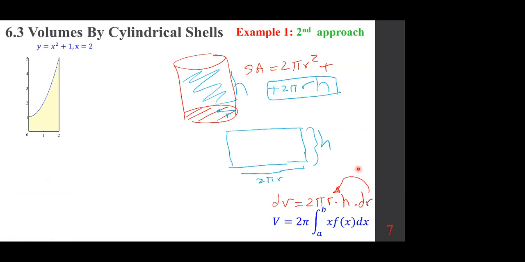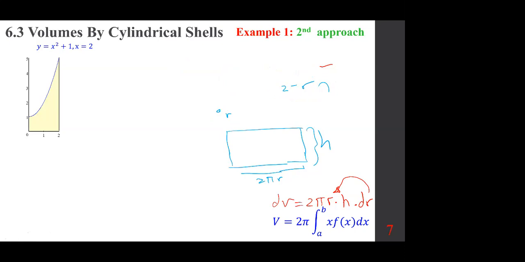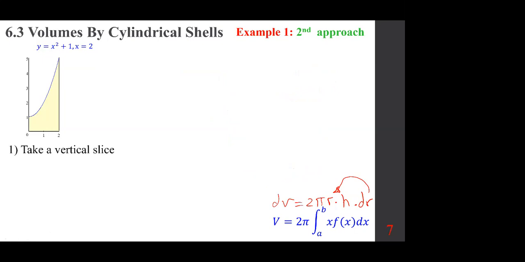I need to erase this for you, class, because we need the page. Okay, so take a vertical slice, revolve it about the y-axis. Look. Okay, so pick a vertical slice and revolve it about the y-axis.